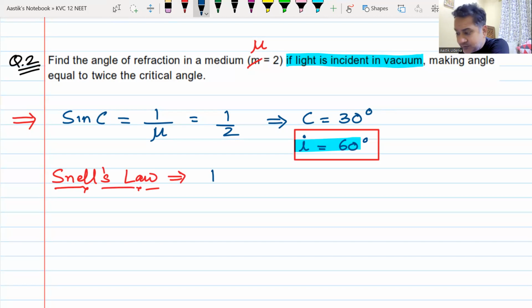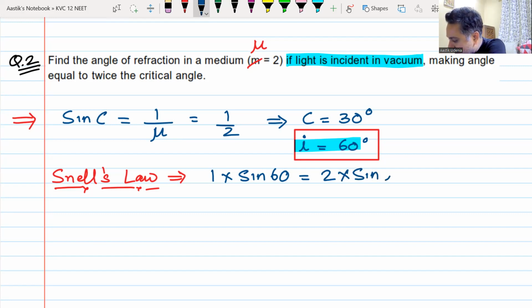Refractive index is 1 here, multiplied by sine of 60. This is the easiest way to remember Snell's law: I always get confused with mu1, mu2, mu3, mu4, so just remember sine i into mu. So 1 into sine of 60 will be equal to mu, which is given as 2, multiplied by sine of r.